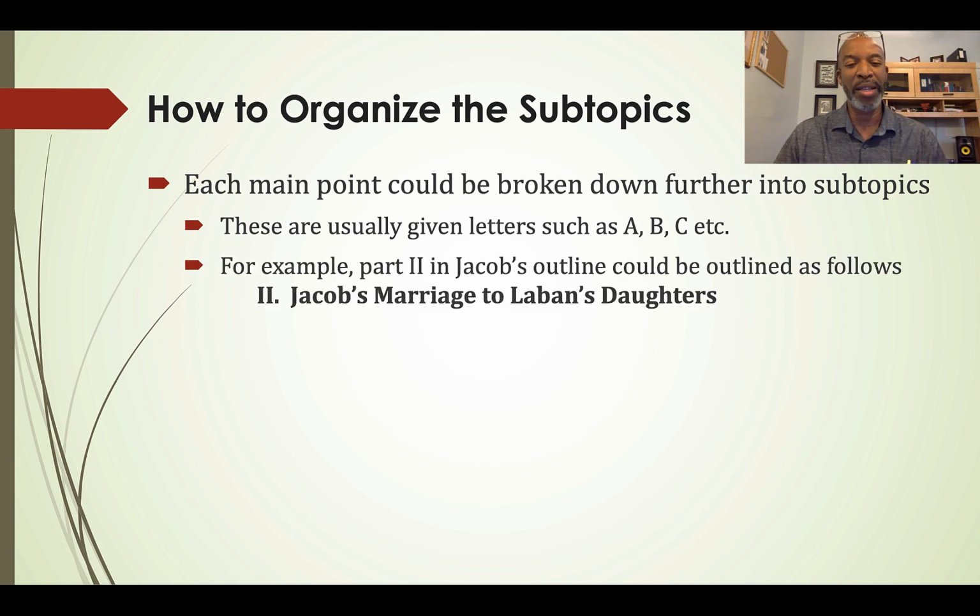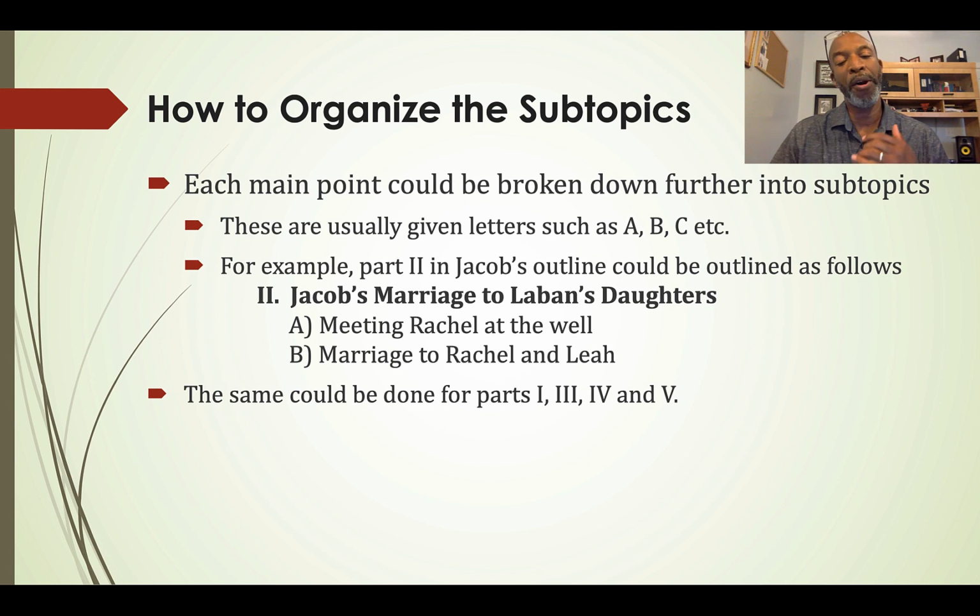For example, part 2 in Jacob's outline could be outlined as follows. You have part 2, Roman numeral 2, Jacob's marriage to Laban's daughters. Then A, the first thing he may want to talk about in his history is when he met Rachel at the well. Part B is his marriage to Rachel and Leah.